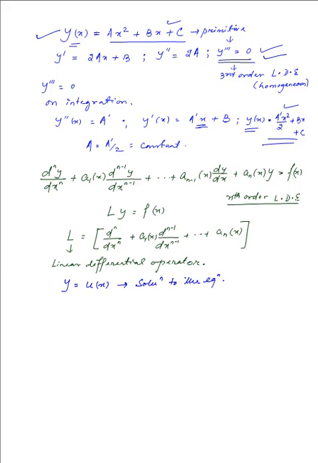Now if f(x) that we have on the right hand side is equal to 0, then we can consider y to have a solution y_h, and then we can use it in the equation as L, the linear differential operator, acting on y_h, giving out a 0, and this is the homogeneous equation because f(x) is 0 in this case.